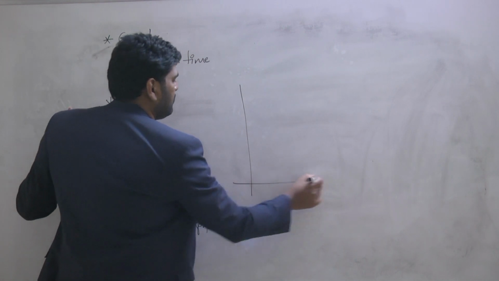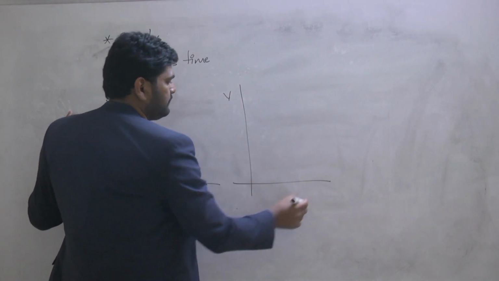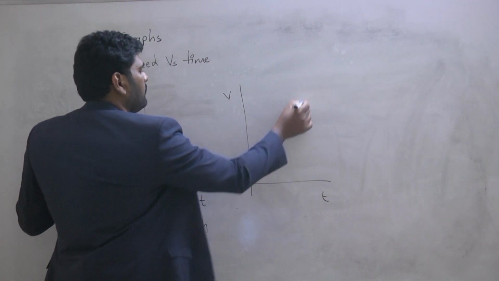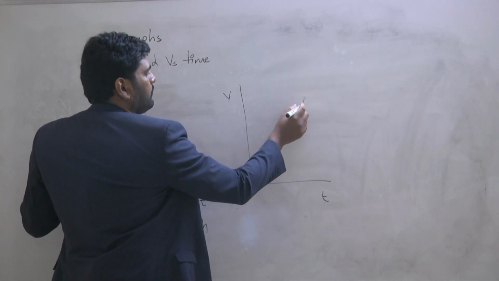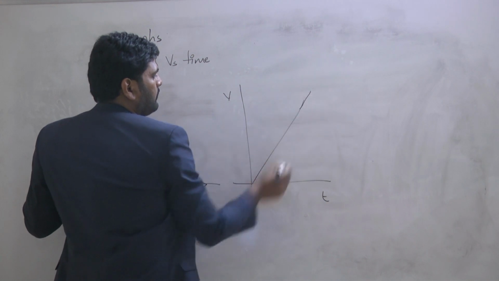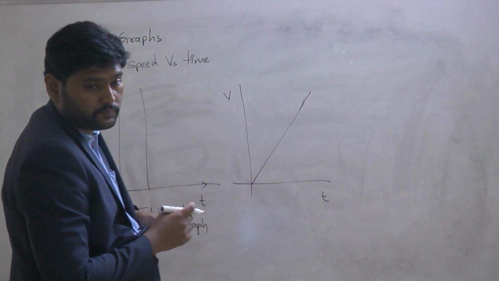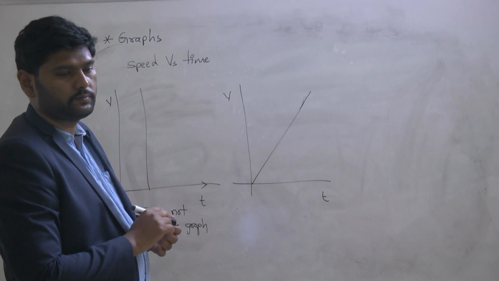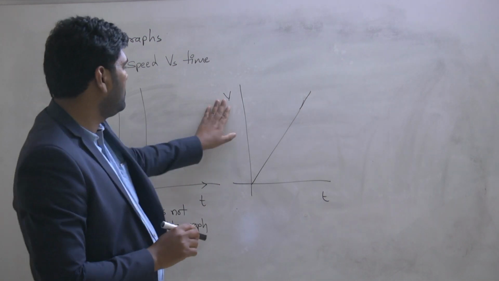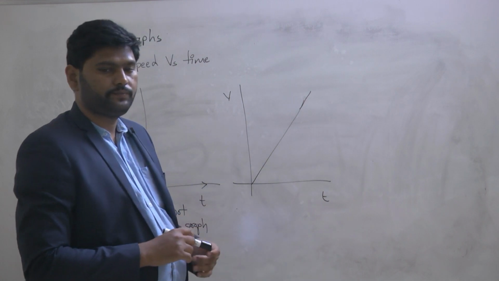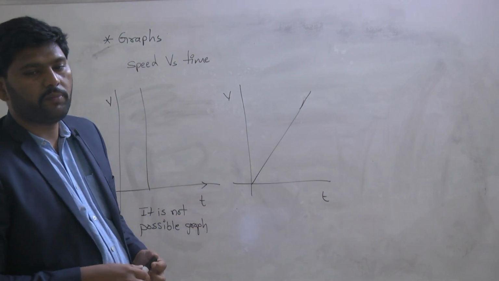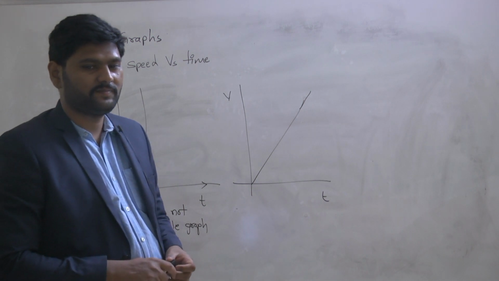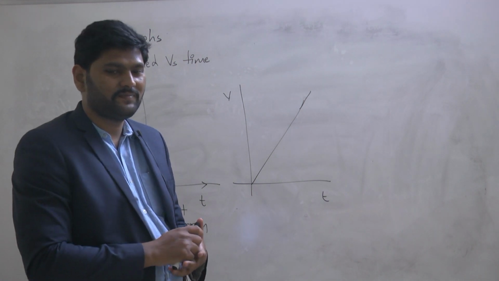So one more graph, speed versus time. This is the graph. So this is speed and time. What information do you get from this? This will be constant acceleration.